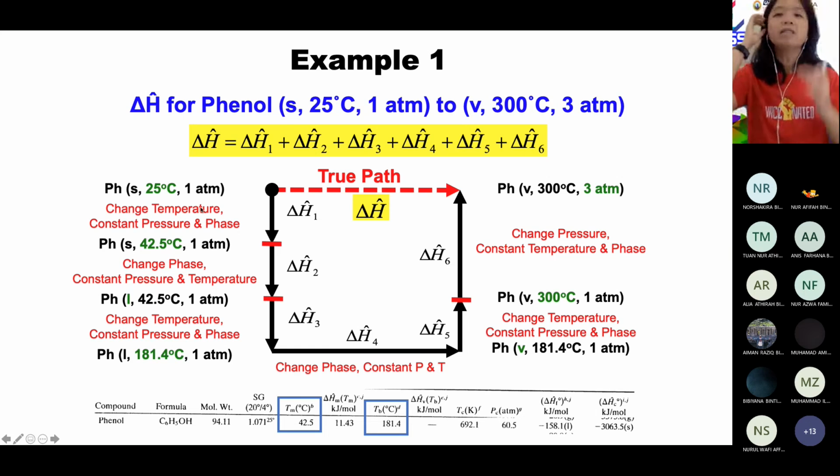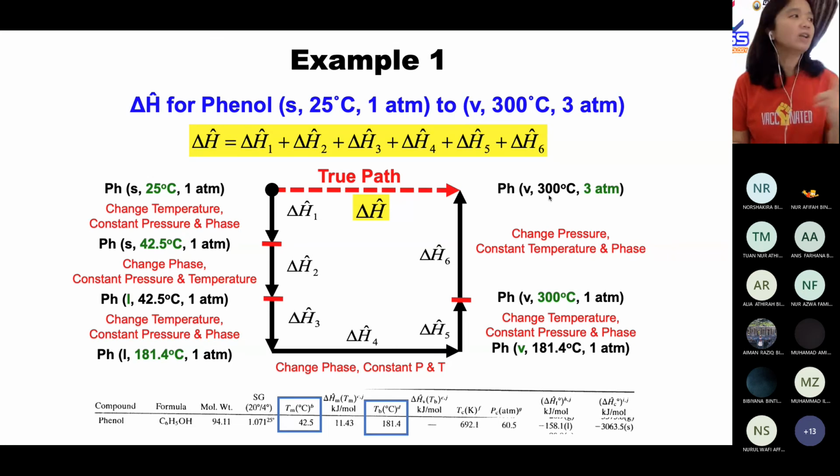Bila kita nak tengok beginning and ending dia, kita kena tengok apa yang berubah daripada beginning to the end. Meaning, let's say dalam kes yang saya bagi ni, the beginning is phenol solid 25 Celsius 1 atm. The ending dia adalah kita nak jadikan dia phenol juga, tapi sekarang dia adalah vapor phase 300 Celsius 3 atm.